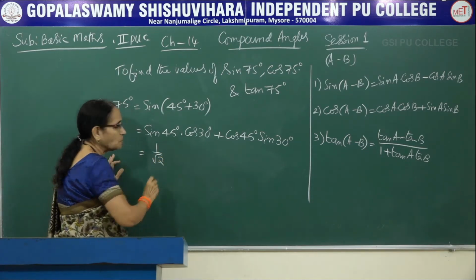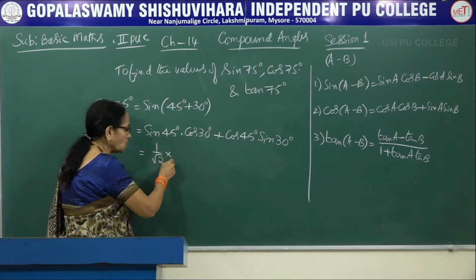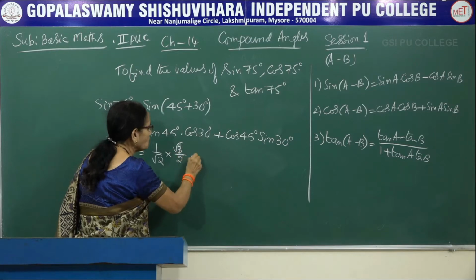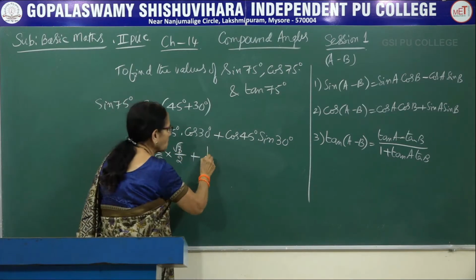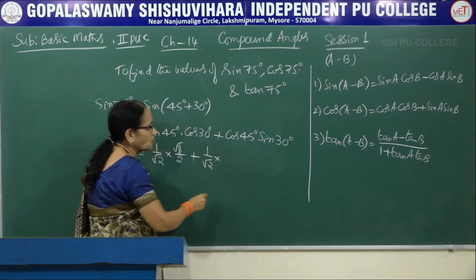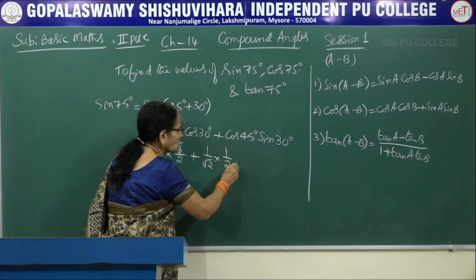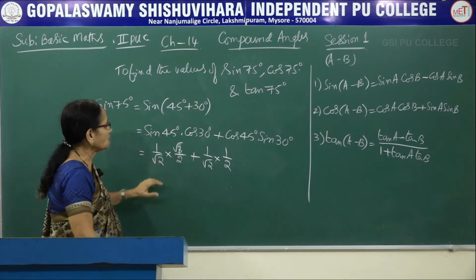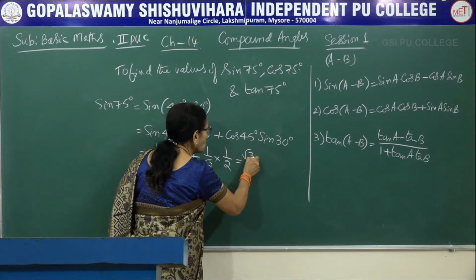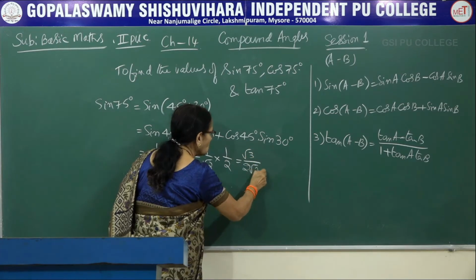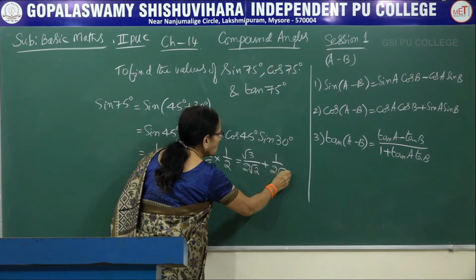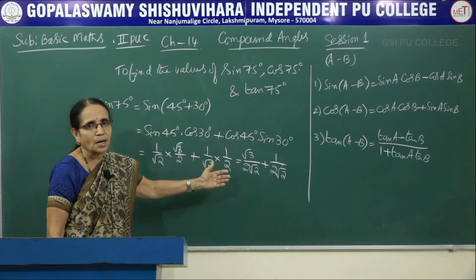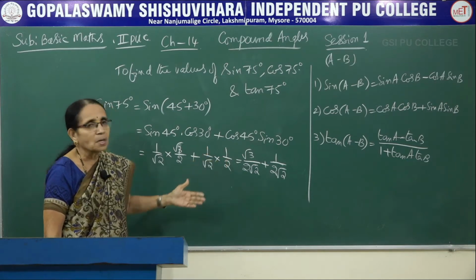It is 1 by root 2, into cos 30 is root 3 by 2, plus what is cos 45? 1 by root 2, and sine 30 has the value 1 by 2, or half.